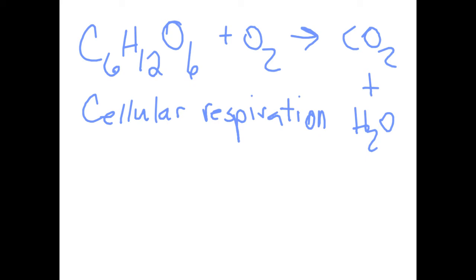We call it cellular respiration because the cells in our bodies take up glucose, sugar, and they take oxygen from our blood. Those two things go into the cell. They react those two things together, not like maybe what you're thinking, not directly, but very indirectly. And the products of that reaction are carbon dioxide and water.